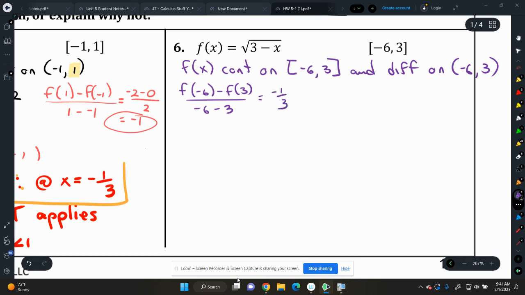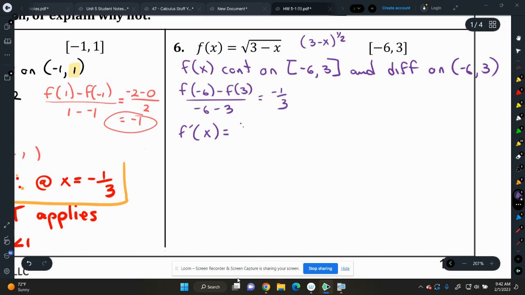You do not have to show the arithmetic on your AP exam. Okay, so now I'm going to do f prime of x. Let me just rewrite this as 3 minus x to the 1/2.